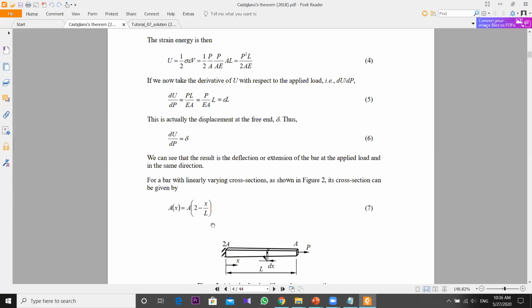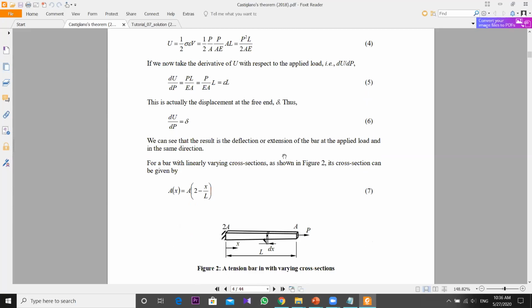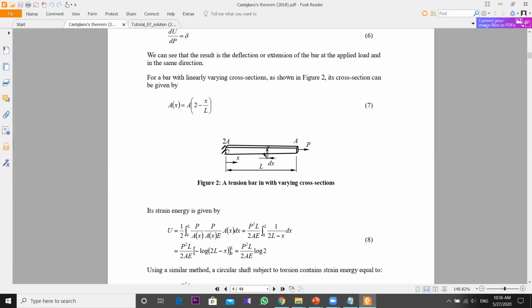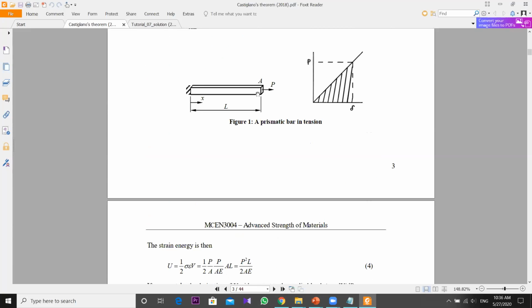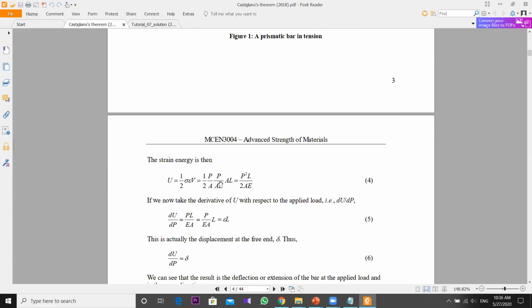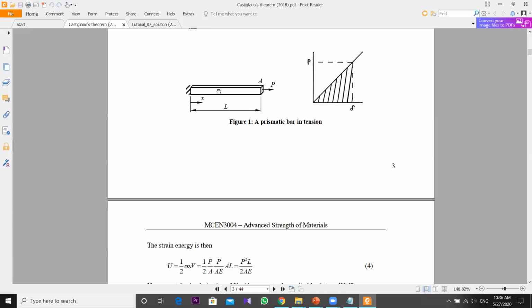Okay, then there is another thing you can see toward the axial direction. Assume this is the x direction. You can see the cross section will vary, while here the cross section is constant. That means constant variable: A, E, P is a constant load, the initial length is constant, and the cross section is also constant.